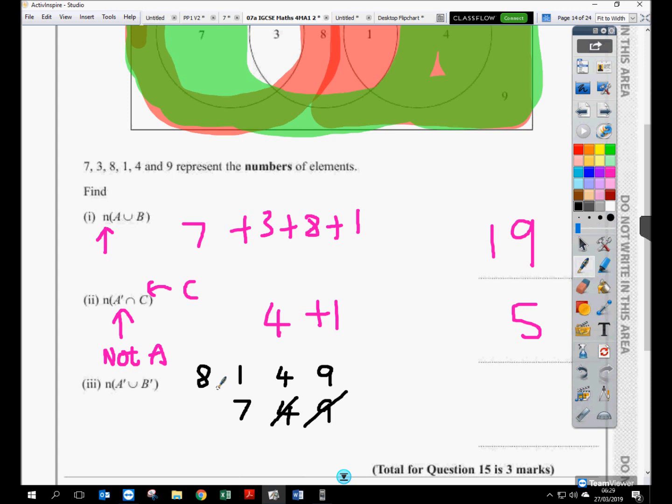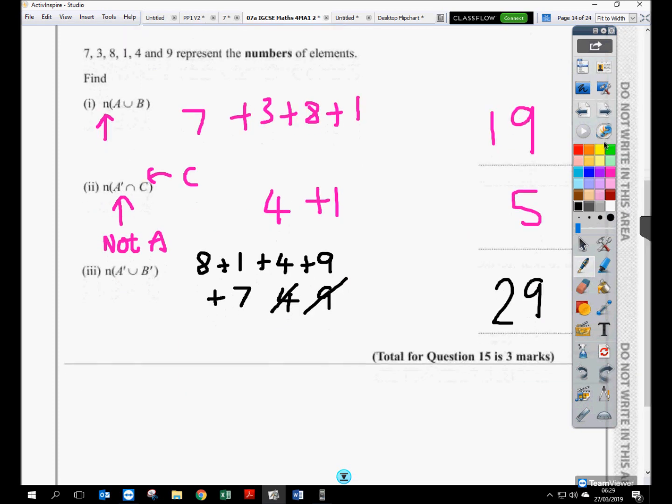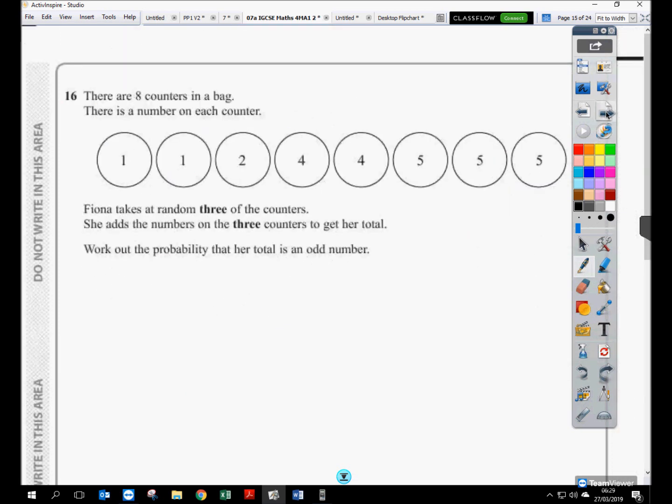So 8 add 1, add 4, add 9, gives us 29 altogether when we add them all up. That's it for question 15.